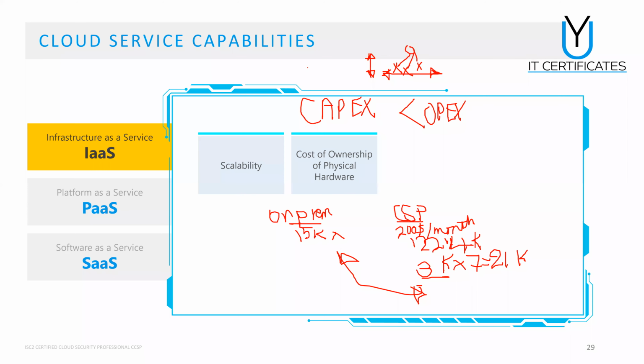I totally agree that on-prem is 15K and the cloud service provider is 21K, so on-prem is cheaper. This is from the first glance. But if we have detailed information, that we have the server, then in this server, what do we want? We want to have daily operations.